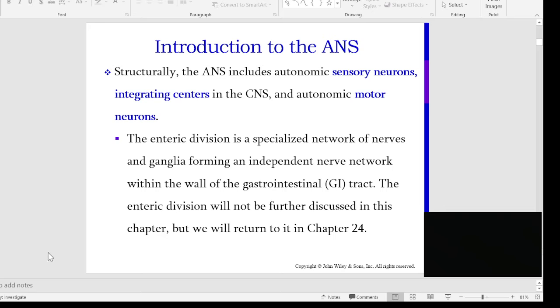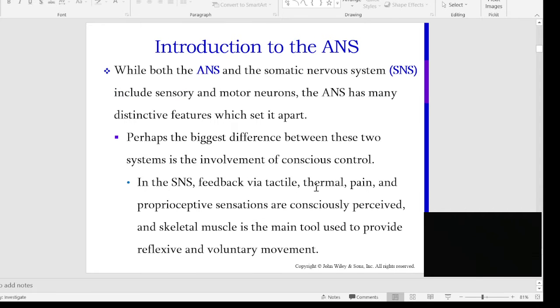This is where the autonomic motor and sensory neurons are located. So the ENS and the SNS, or somatic nervous system, both include motor and sensory neurons. However, the ENS has more distinctive features which set it apart from the SNS.